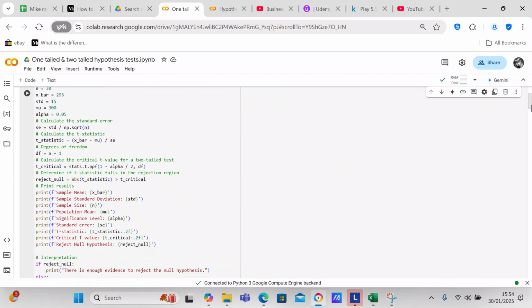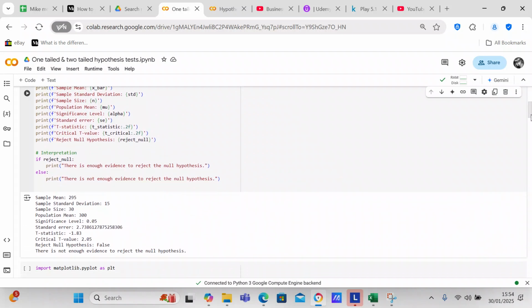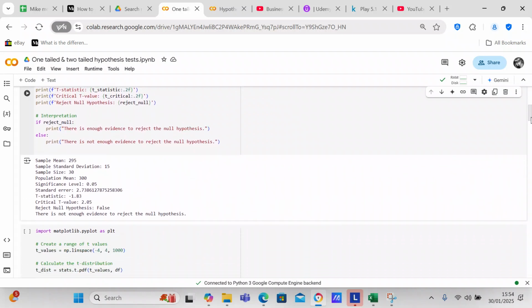Now we calculate the critical t-value for a two-tailed test. T critical equals stats.t.ppf, and that's the percent point function, of 1 minus alpha divided by 2, and then your degrees of freedom. Your t critical is 2.05.